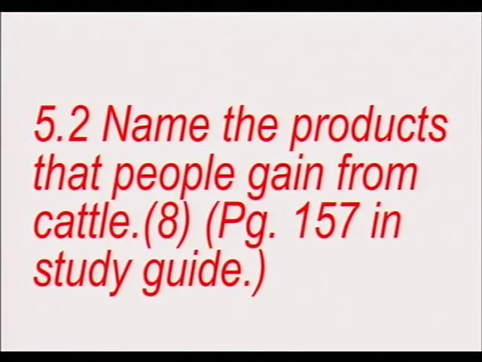Question 5.3. Name the products that people gain from cattle for 8 marks. And if you have a study guide, you can look it up on page 157 in your study guide.